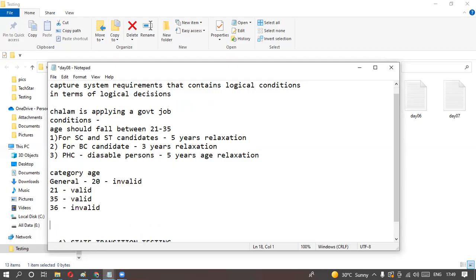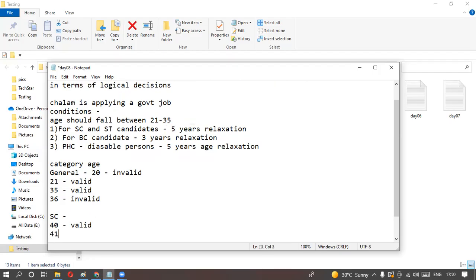For SC candidate, let's take, if the age is 40, then is it valid or invalid? Valid. It's valid because we are giving 5 years relaxation. 35 plus 5, 40. Then it's valid. If it is 41, invalid.